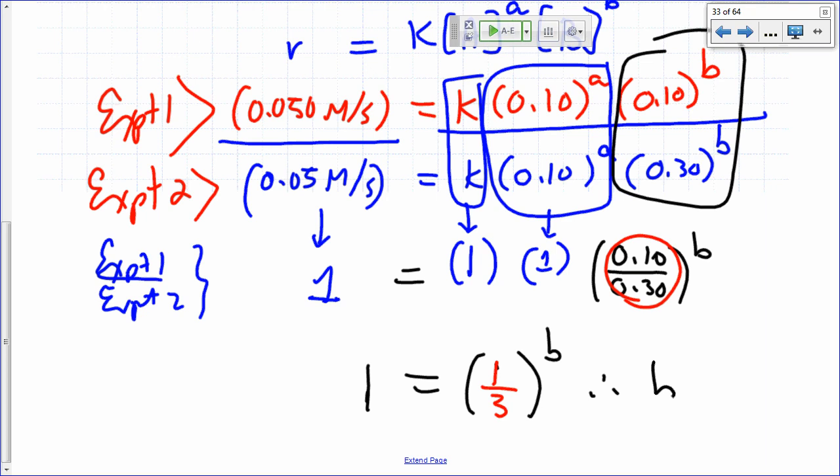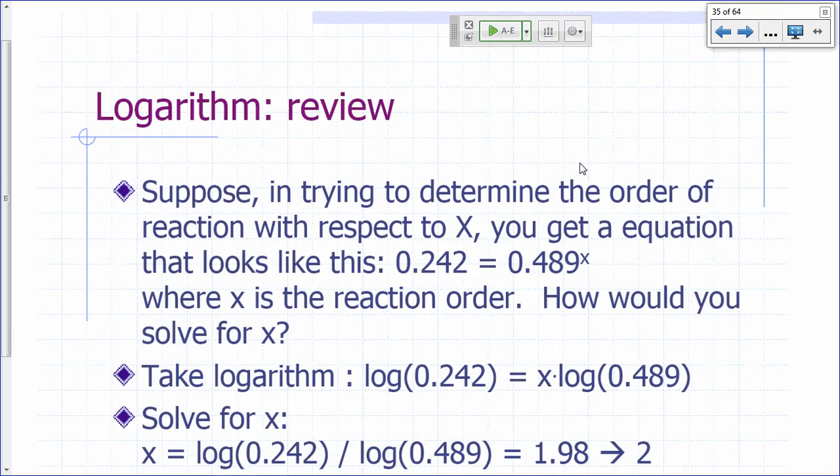Therefore, b is equal to 0. Now, if this wasn't some nice number like 1, this is just obviously equal to 1, right? But if this wasn't some nice round number, like let's say this was 0.9996, what would you have to do? You could round it up to 1, but you can actually solve these things more systematically if you don't have nice round numbers.